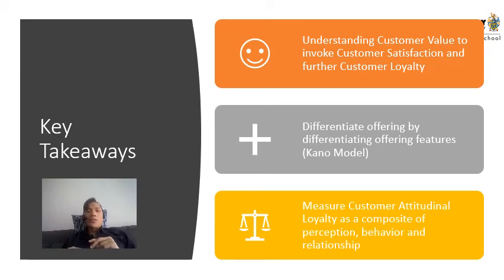Try using differentiating offerings by looking at the customer's journey based on the Kano model. Measure customer attitudinal loyalty as a composite of perception, behavior, and recommendation. You can use the 5-point Likert scale questionnaire and calculate all of that using multiple linear regression, which you have already learned in your research methodology class.